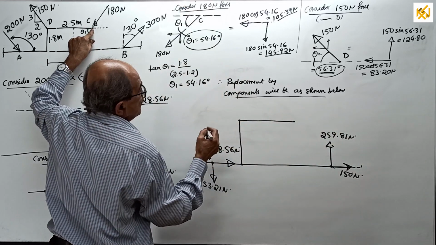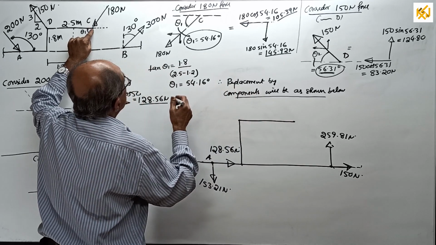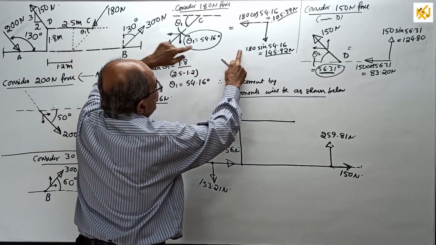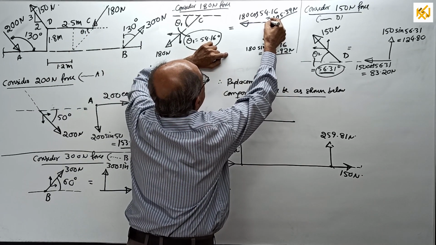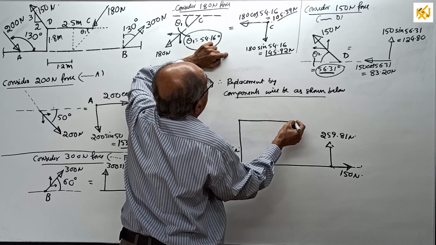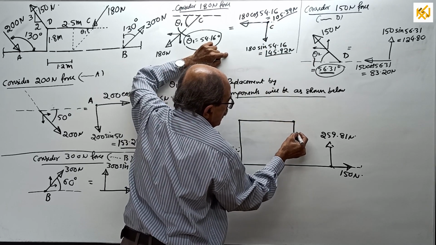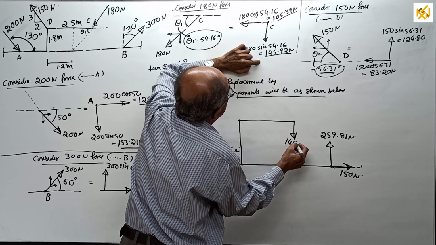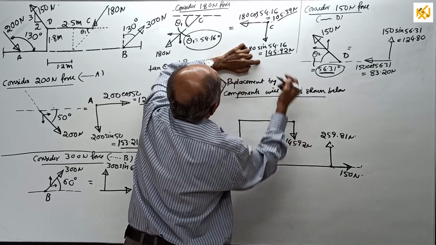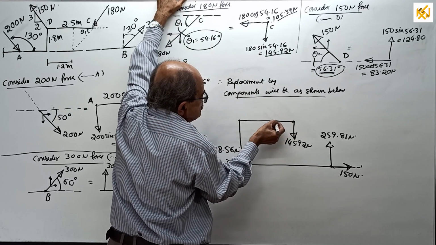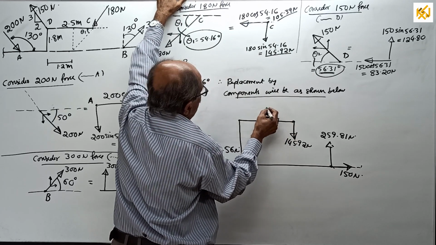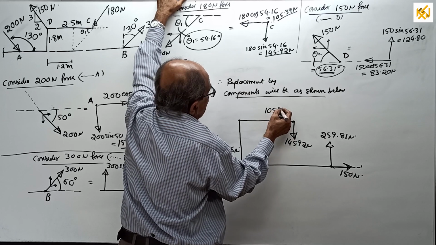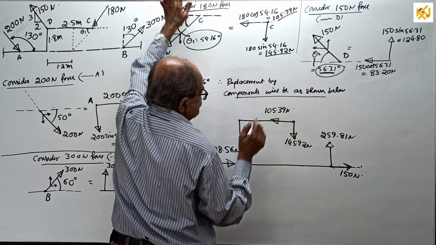Come to the force at C. Through this point, there is a vertically downward force of 145.92 Newton and a left side force of 105.39 Newton.